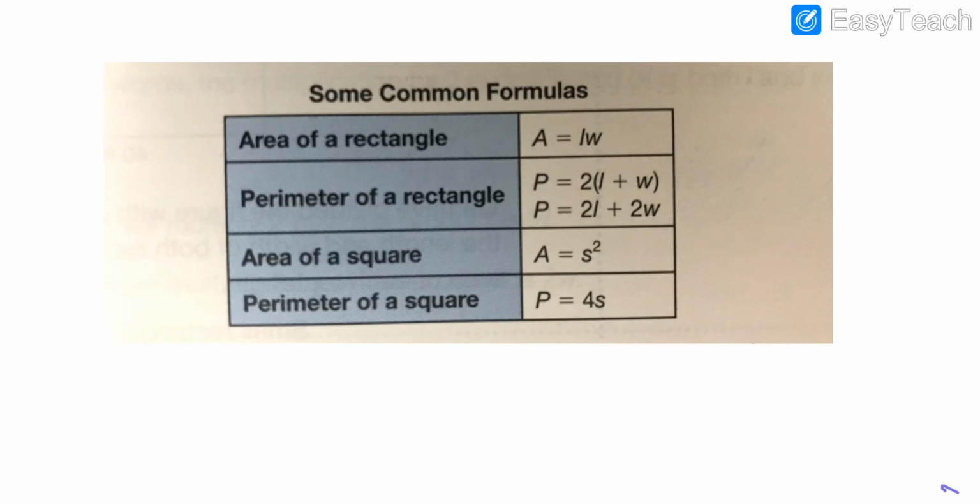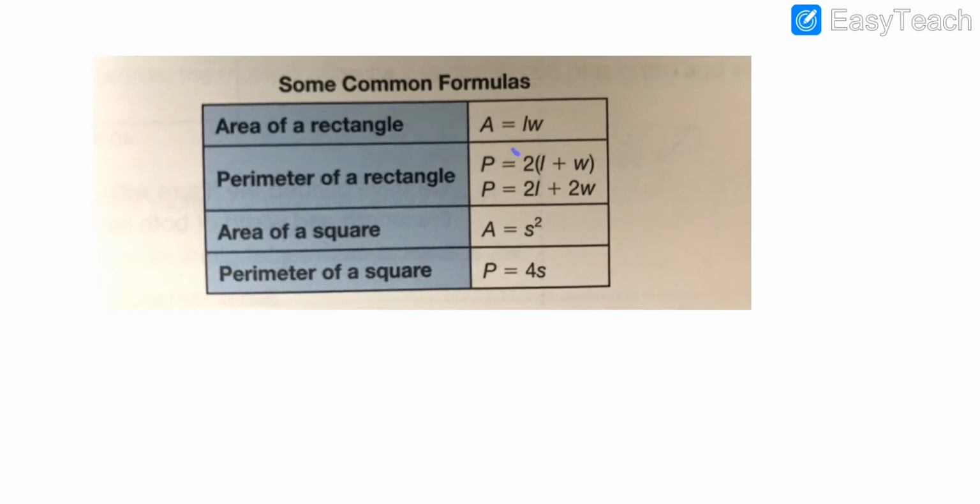So notice that the formula for area of a rectangle is area equals length times width. Remember, when we have two letters right next to each other, that means multiplication.